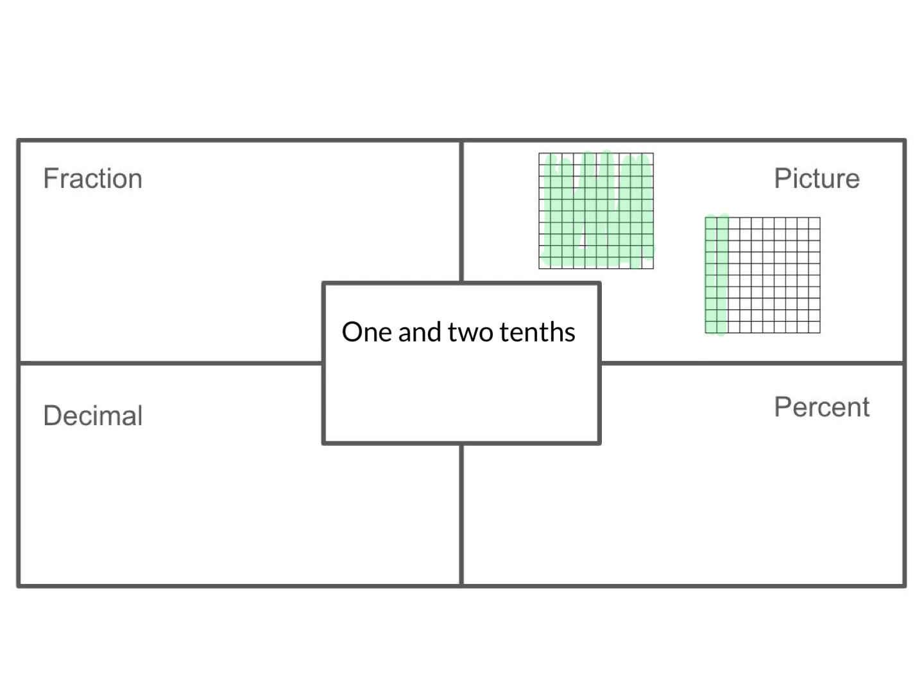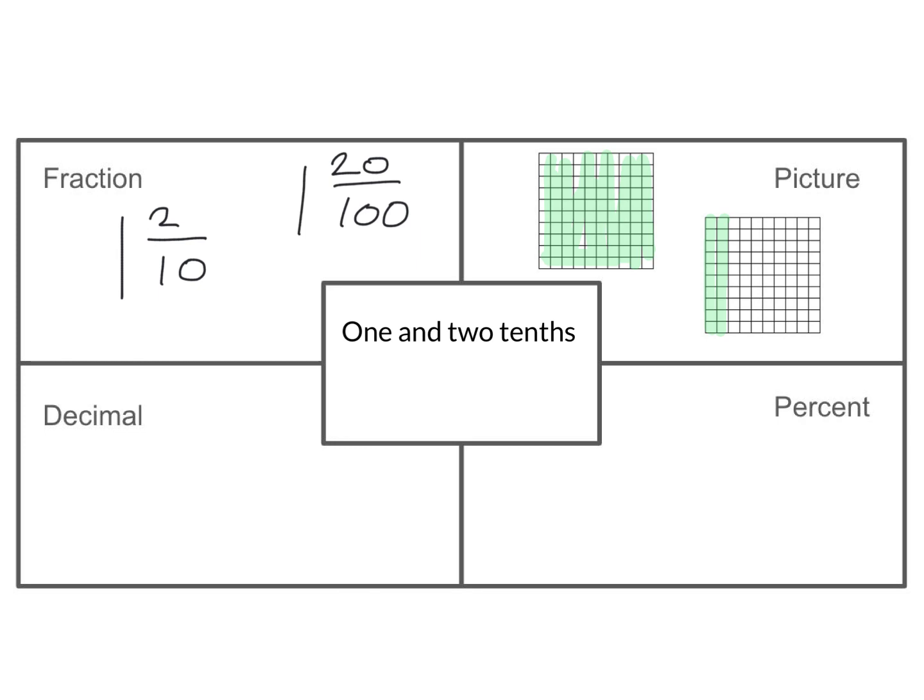Now I'm going to write that as a fraction. So I have 1 and then 2 out of 10. That's the same thing as if I had said 1 and I did 20 blocks out of 100. Same thing, so 1 and 2/10 or 1 and 20 out of 100.